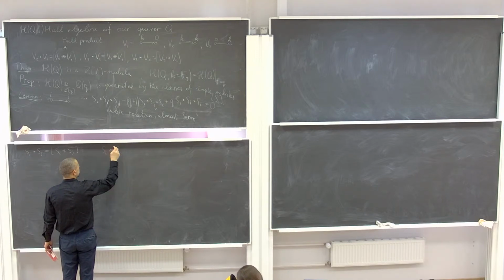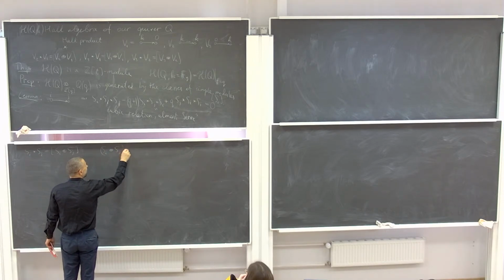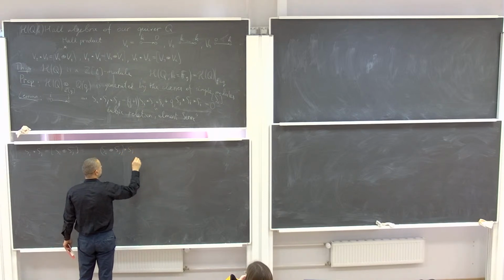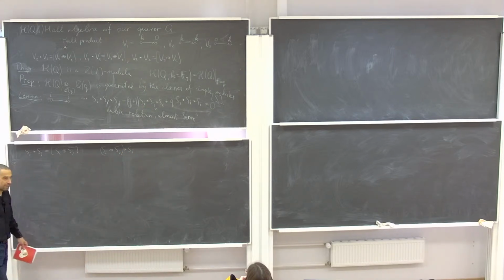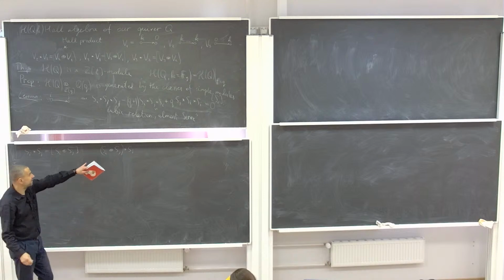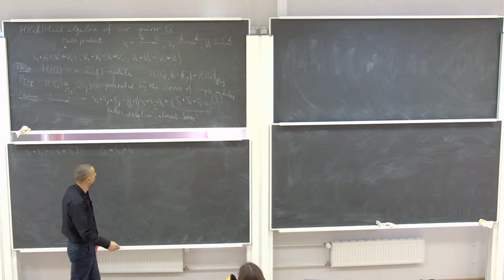We'll take this semi-simple module, multiply it with S_j, and what happens? As S_j is a sub, and the quotient is this, right?